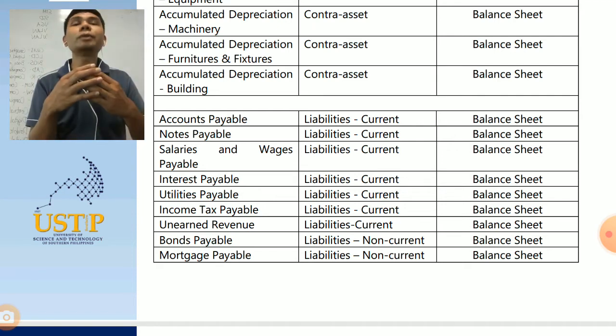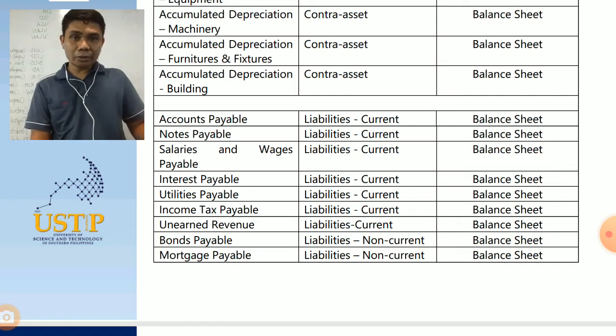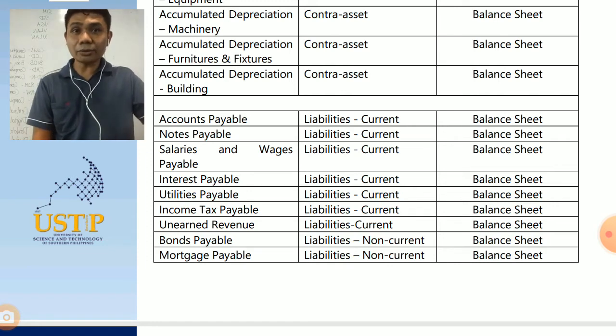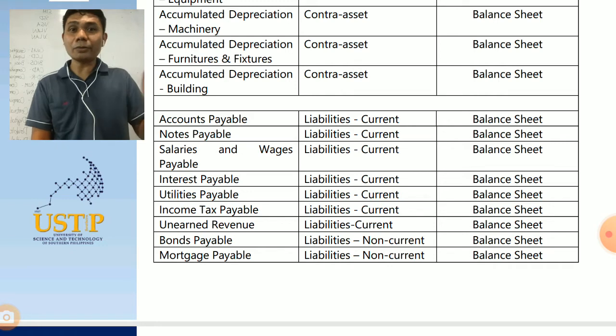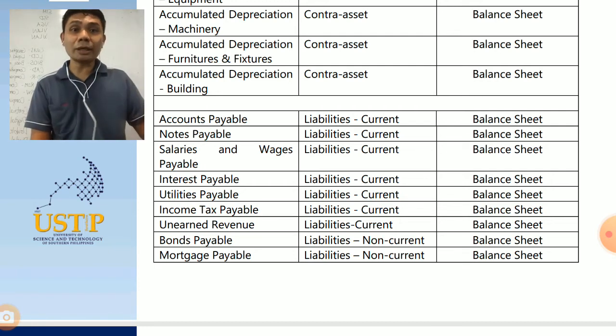Kung ang customer nag-una nagbayad sa imuha pero ikaw wa pa nakahatag sa product or service o wa pa nimo na-render ang service, that is unearned revenue, meaning halin na unta to, revenue na unta, pero wala pa gid nimo na-earn kay wa pa man nimo nahatag ang product or service. So, ingana no, liability na siya, meaning tulubagon. Bayronon nimo sa customer nga nagbayad og una sa imuha.